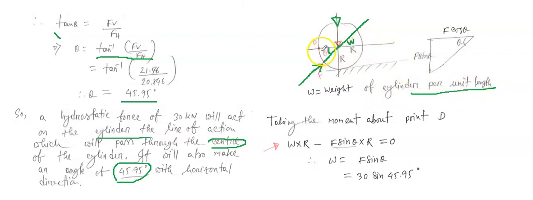If this is the point D, you see it creates an angle theta here. So definitely this angle is 90 degrees, so this is the perpendicular. And we know from the previous problem, if it creates an angle here, then the vertical component will be F sine theta, and the horizontal will be F cos theta, right?